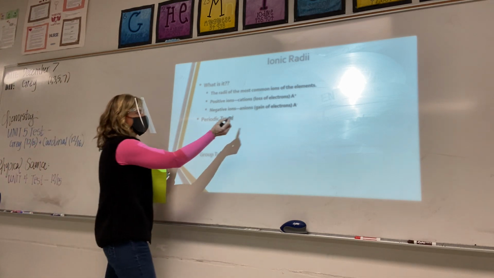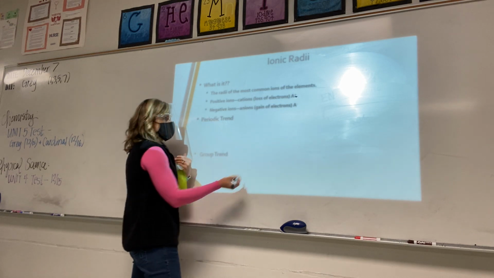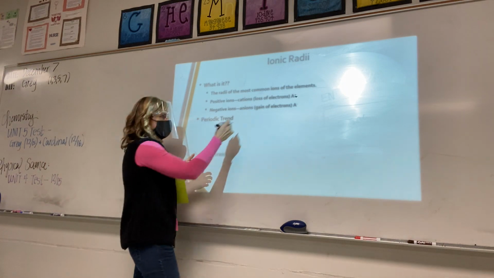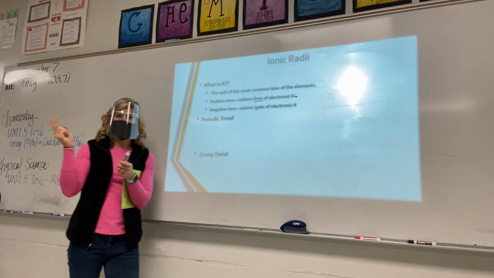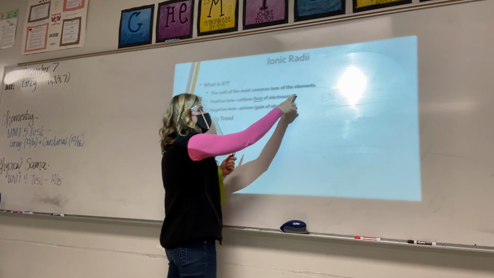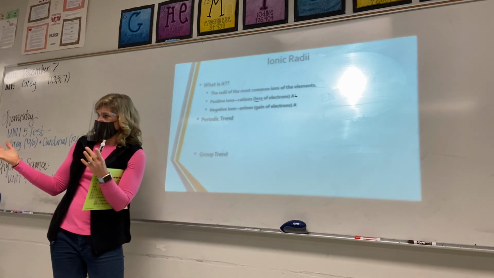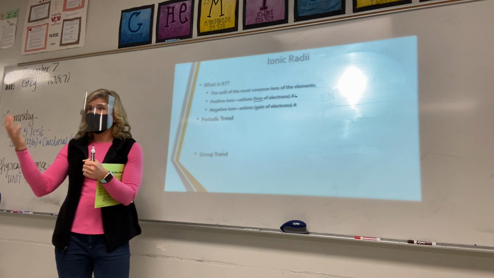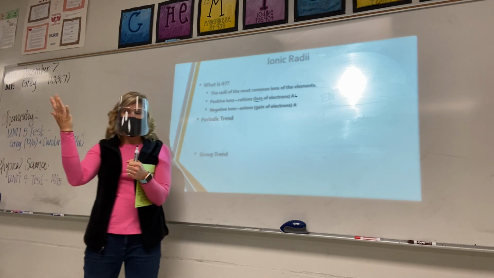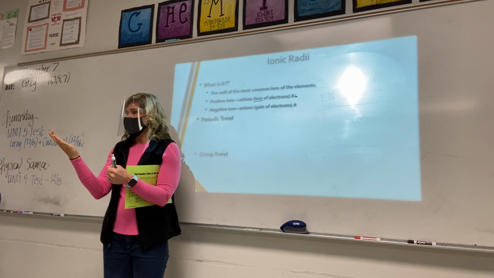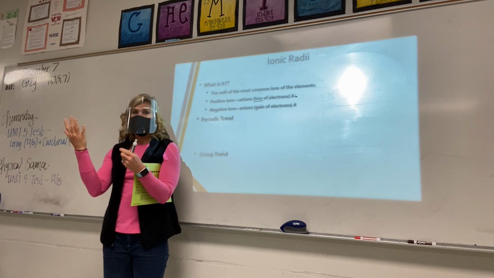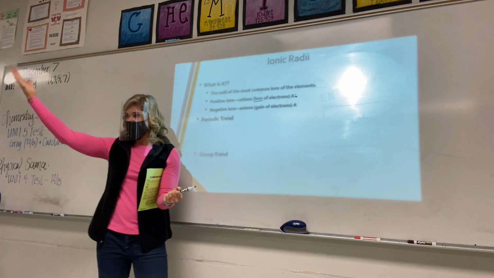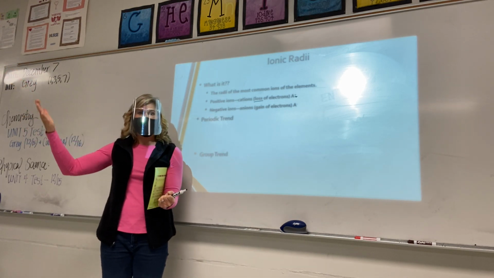Okay, so to get a positive charge, A plus, A is just representing any element, I have to lose electrons. Sometimes people think of that backwards. They're like, oh, I see a plus sign, so I must add electrons. It's opposite. You have to think, hey, I need more protons because I need a positive charge. Protons are my positive charge particles. In order to get that positive charge, I must take some electrons away because they're my negative. Now I have more protons, so that gives me a positive charge.